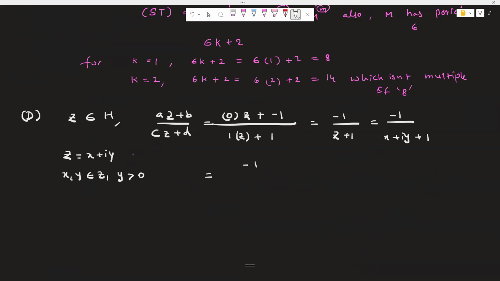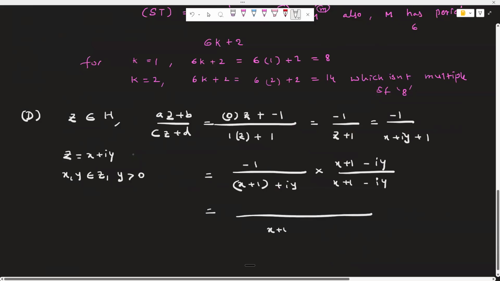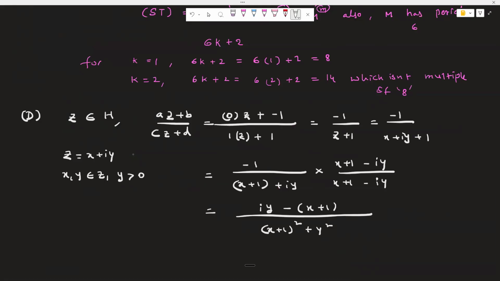And we will do the rationalization procedure. Like this, x plus 1 minus iy divided by x plus 1 minus iy. Of course, the denominator will be converted as x plus 1 whole square plus y square. And this value is y into I minus of x plus 1.